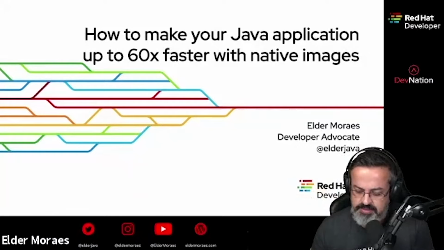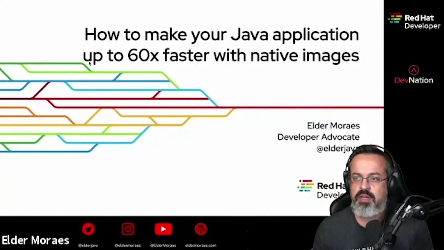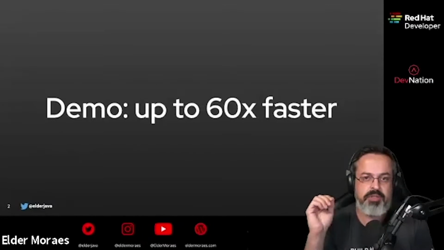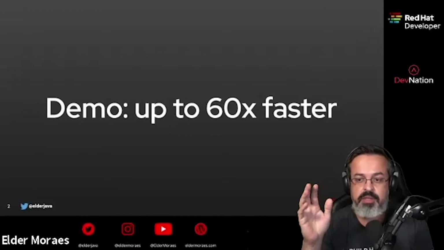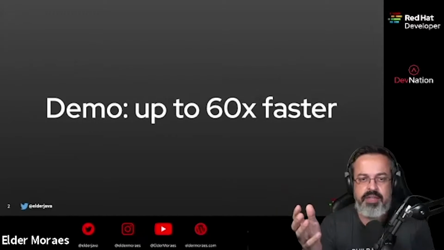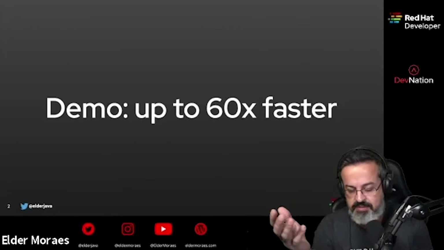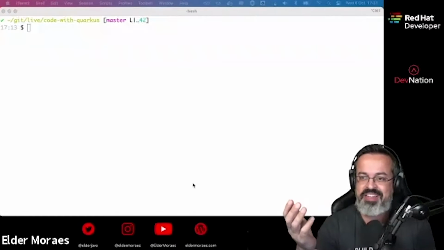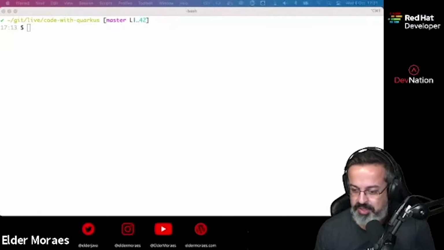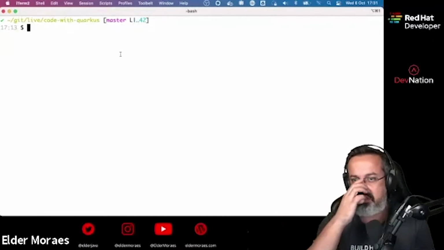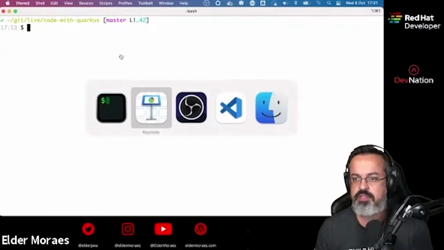Before talking about all those concepts about native images, let me show you how we can make one piece of code up to 6 times faster. And let's hope that the demo just works, okay? So I have here a very simple application.